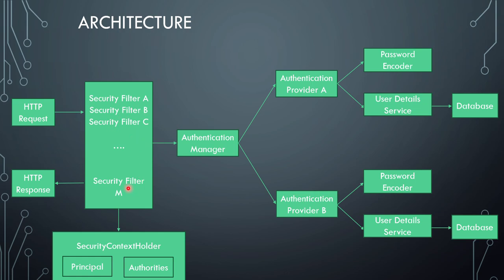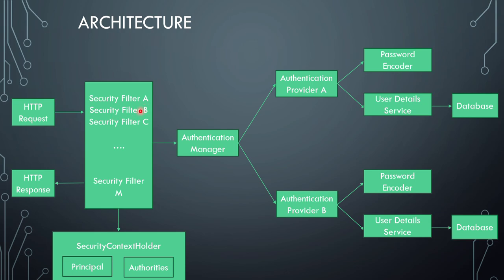etc. There are some default filters present in the security filter, like the channel processing filter, which handles protocols such as HTTP or HTTPS, and the security context persistence filter, which ensures that user authentication details persist during the session.